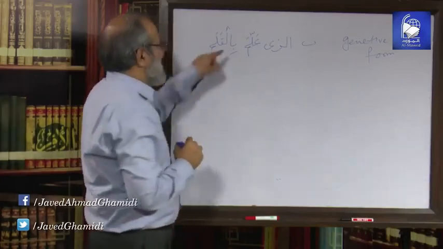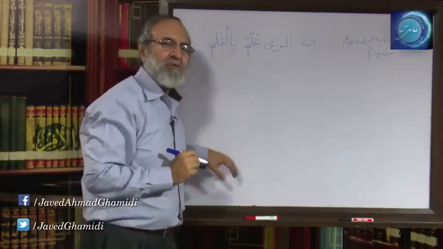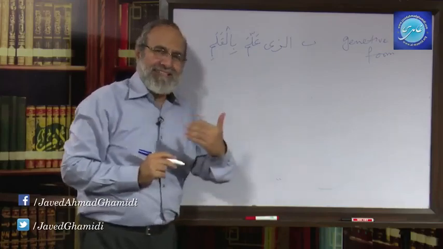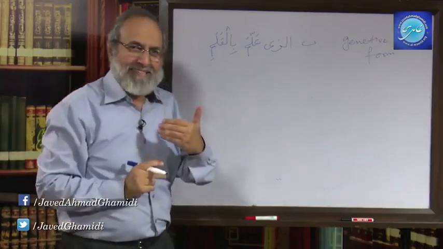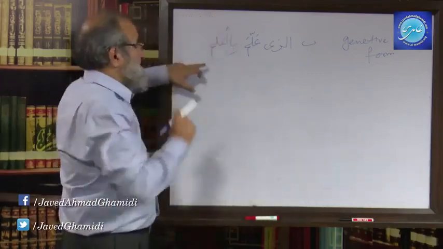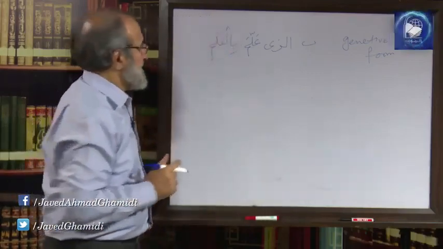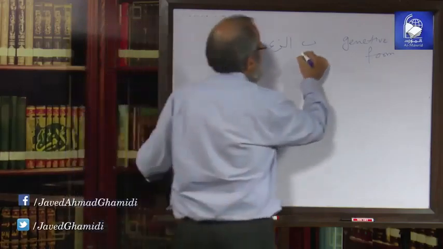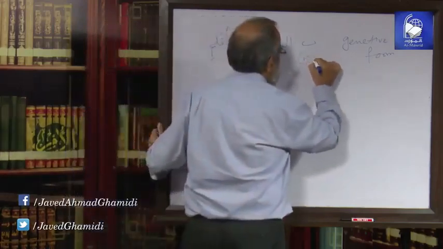Now, because of ba, al-qalam, the noun that is preceding it, has taken the Arabic form of jar. It's now in its genitive case. That is ba, which really means with.